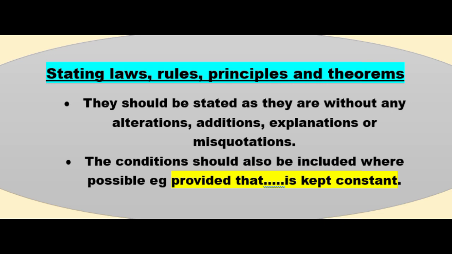But either way, you must state them exactly as they are, and you must avoid explanation or additions or misquotations or alterations. Also state the condition where possible. It's very, very important.